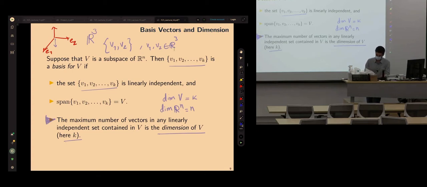Now, what's the dimension of, so now we know that E1 and E2, in this case, form a subspace, right?